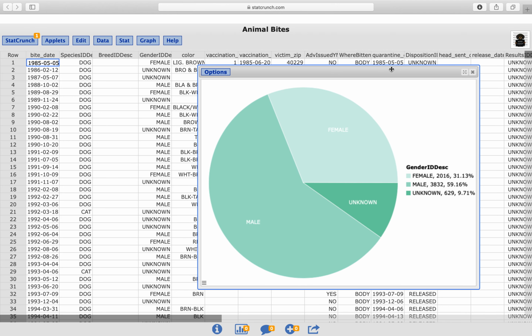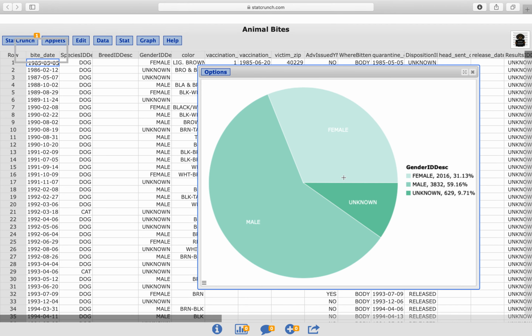We can see from here the males were 59%, the females were 30%, and unknown is almost 10%. So there are many more male animal bites than female bites. Again, this tells us the percent out of the whole, and this gives us a nice green color scheme.